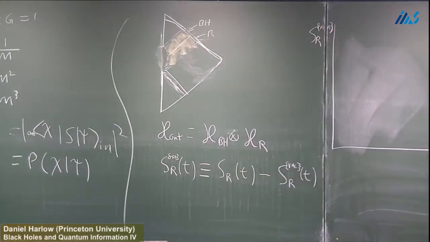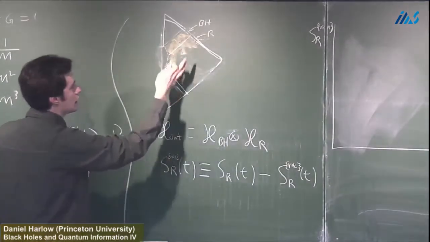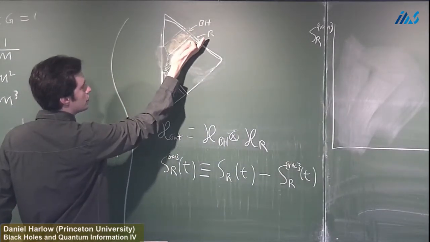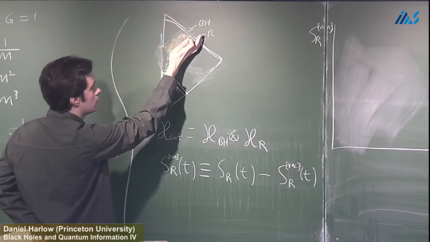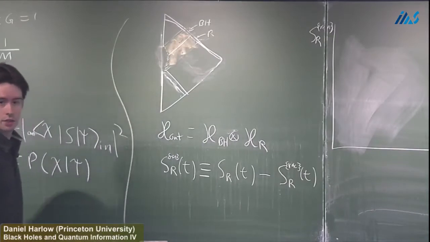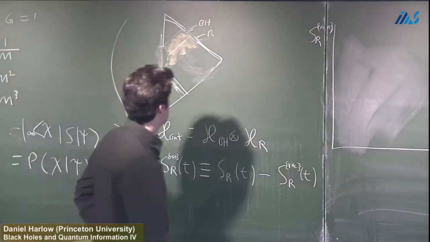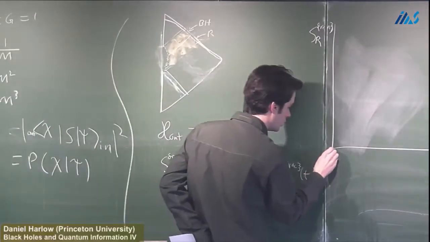So the black hole starts out in a pure state. So t equals 0 is when I put the division here, and then there's essentially nothing interesting going on in the radiation. It's just the vacuum because no Hawking radiation has come out yet. So since this is in a pure state, it'll start out at 0.